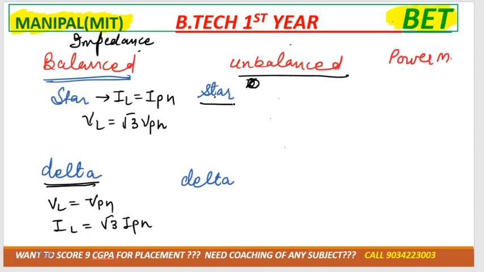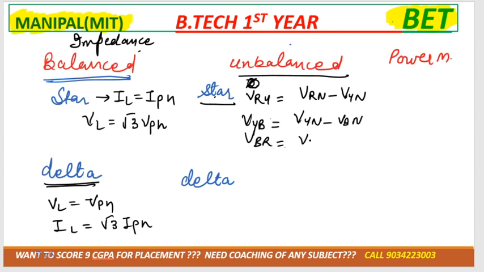In the star connection, for unbalanced, voltage is different, so VRY would be equal to VRN minus VYN. Similarly, VYB is equal to VYN minus VBN, and VBR is equal to VBN minus VRN.